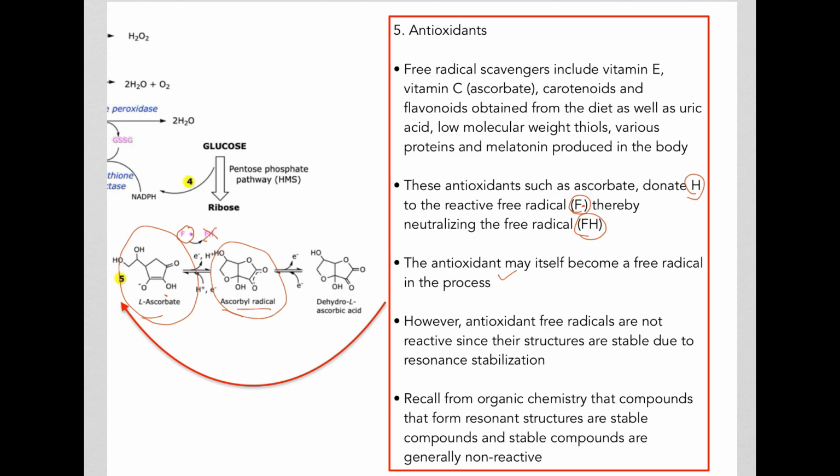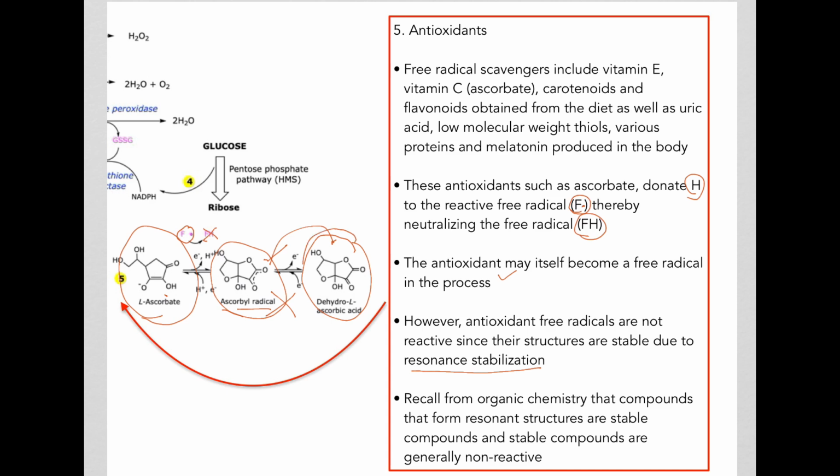But if you look at the structure of these antioxidants, that free radical can be stabilized by resonance stabilization. So although the antioxidant is a free radical, it's not a reactive free radical because it is a stable chemical. Stable chemicals are not reactive.